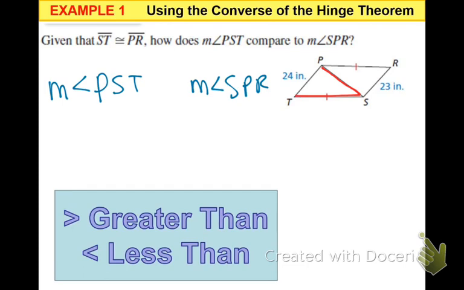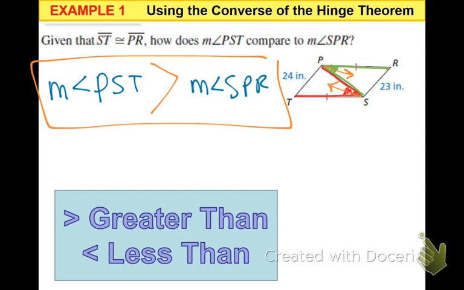What is the vertex of that angle? S. The next one says SPR. What's the vertex of that? P. So angle PST is across from 24 inches, whereas SPR is across from 23 inches. Is 24 less than or greater than 23? Greater than. So angle PST will be larger because it's across from the larger side. This is your final answer.